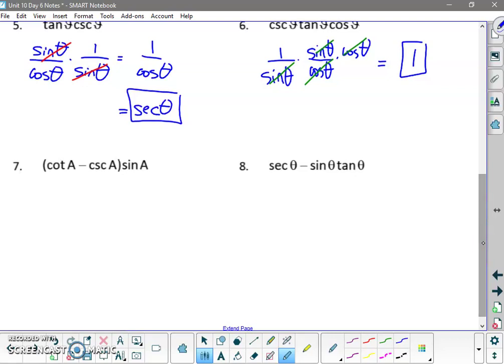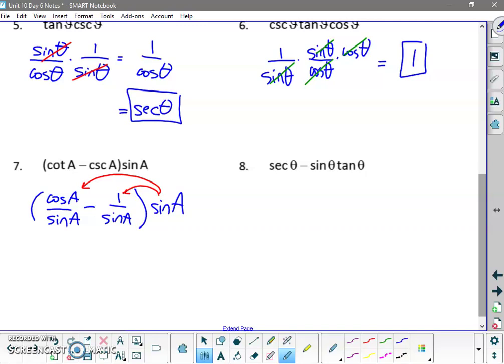All right, the last two we'll practice here when it comes to simplifying expressions. And again, the more of these you do, the more tricks you'll pick up. What I'm going to do with number 7 here first is rewrite cotangent A as cosine A over sine A. Cosecant I'm going to write as 1 over sine A. And then notice I'm multiplying that expression by sine A. So basically I'm going to distribute sine A to both of these.